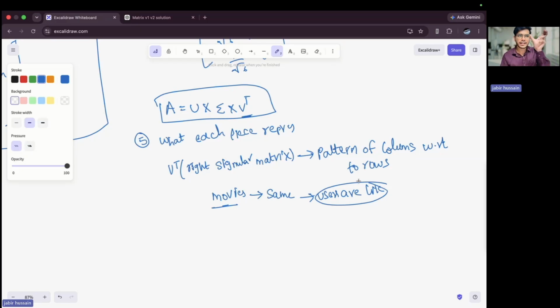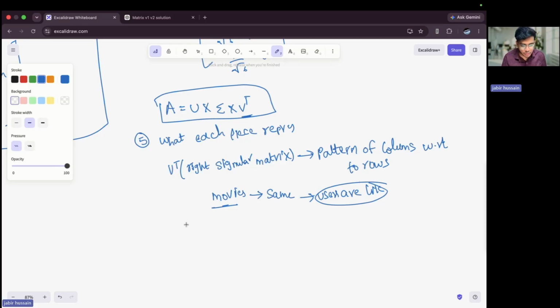Here everything will be about columns, which is movies in our case. So it will tell what movies are liked by users and why they are liking them. What is the pattern? What are the types of users who are liking Avengers movies? What are the types of users who are liking Batman movies? Like that you tell. So everything is related to movies, columns, right?